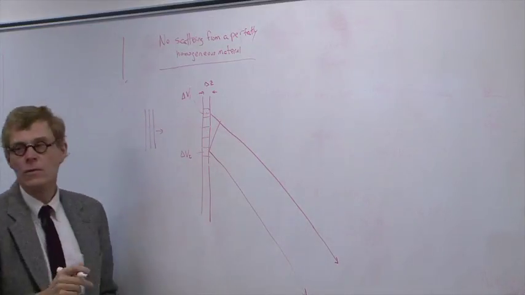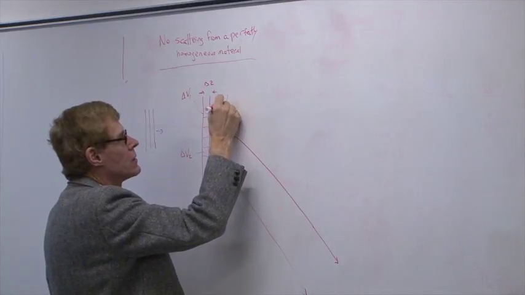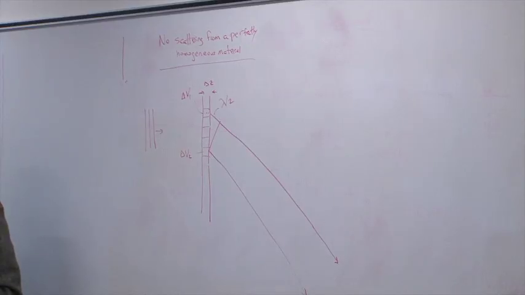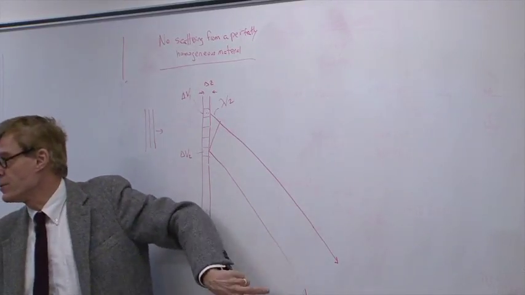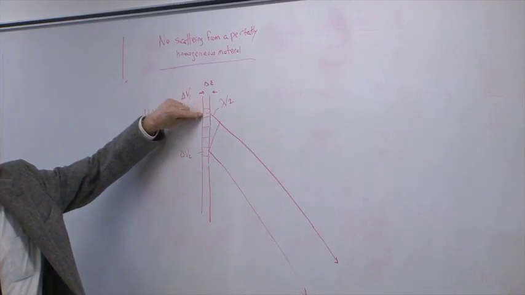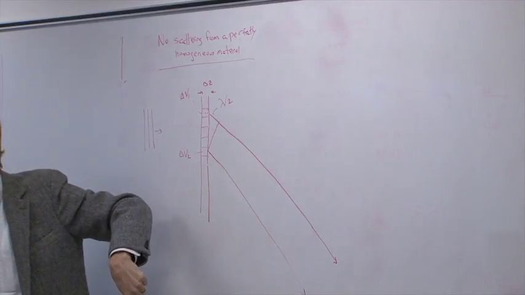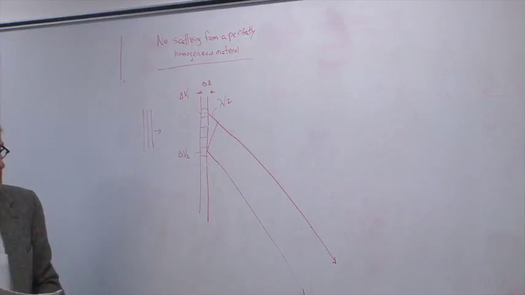And I will choose the location of delta V2 so that the path length difference between the two is exactly lambda over 2. And that means that you will get destructive interference between the two of these. And so for wherever I choose delta V1, I can always choose a delta V2 where you get destructive interference, except in the forward direction.